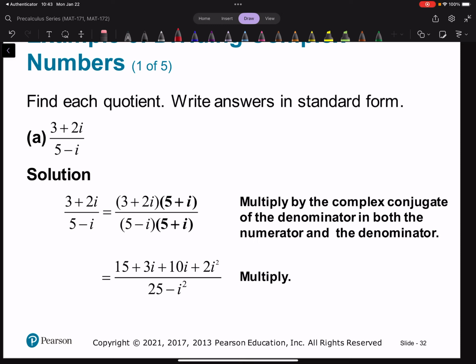Now, with quotients, you need to multiply both the numerator and denominator by the conjugate. So what's the conjugate here? It's going to be 5 plus i.